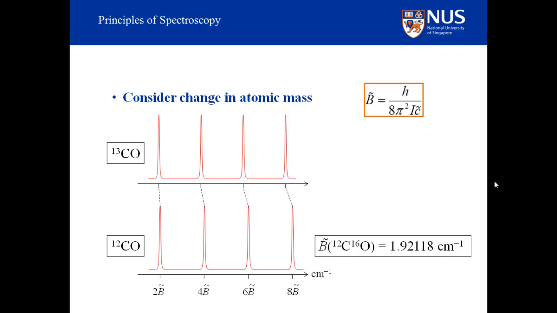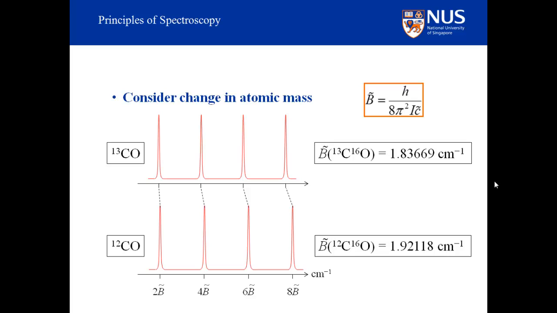For carbon-12 monoxide, the rotational constant is equal to 1.92 wave numbers, and for carbon-13 monoxide it is equal to 1.84 wave numbers. There are quite a number of interesting things that can be done with this. The intensities will depend on the number of molecules that are in that rotational state. Well, the number of molecules will be proportional to its abundance in nature.